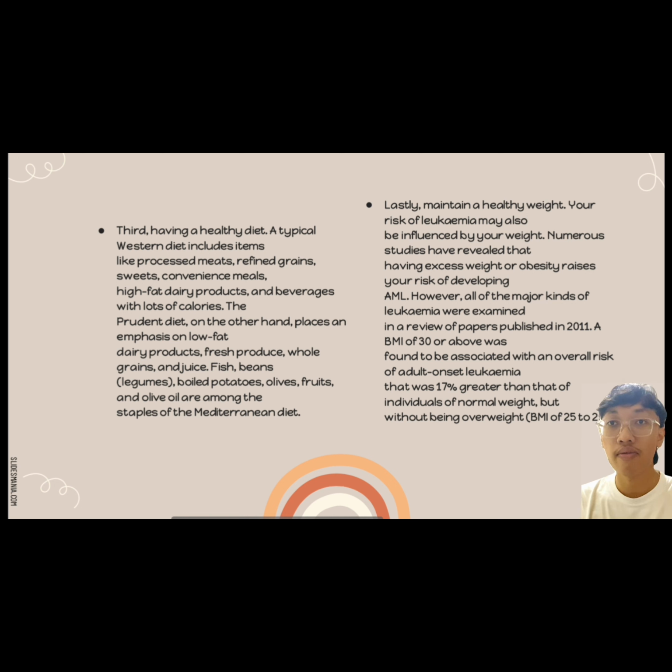A BMI of 30 or above was found to be associated with an overall risk of adult-onset leukemia that was 17% greater than that of individuals of normal weight, with an overall BMI of 25 to 29.